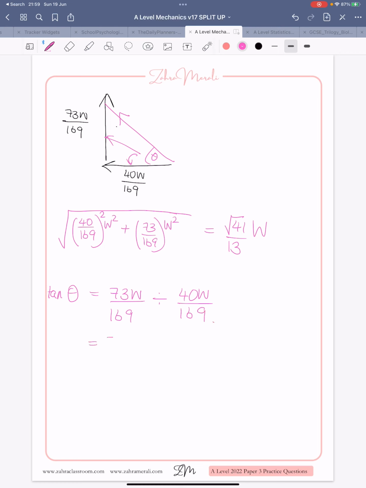Now a divide becomes a times, and you flip the fraction. So that's going to cancel, that's going to cancel. So we get tan theta equals 73 over 40. We're going to do inverse tan, and theta equals 61 degrees.